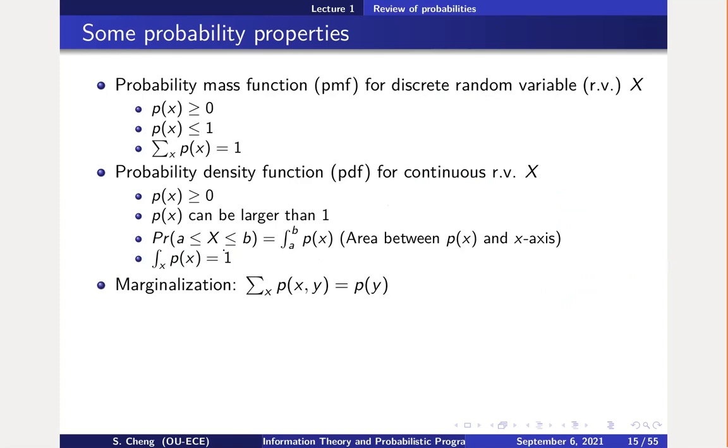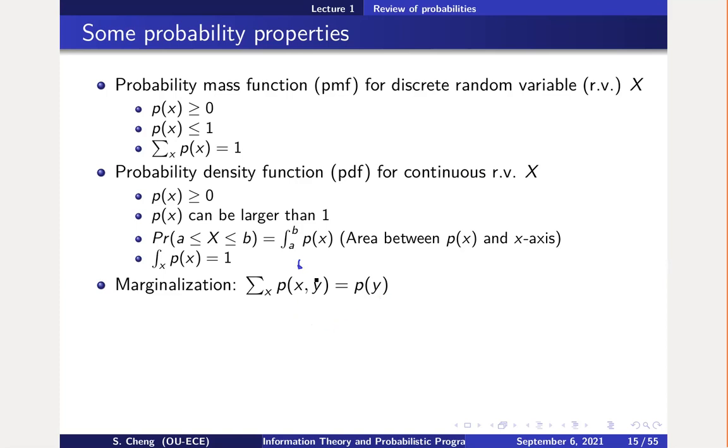Another important thing to mention is marginalization. I hope by this time you're very familiar with this. If I have some random variable y, I can insert a dummy variable x and then sum over x, and I will get back my original y. If I want to remove one of the random variables, I can just sum over that random variable and it will disappear.